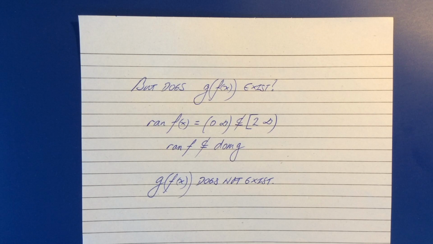So the range of the function of x is actually greater than the domain of g. And that tells us that this function does not exist. That's the simple test. Is one bigger than the other, if you want to put it crudely? Is the left-hand side greater than the right-hand side? There's another way of looking at it. Well, g of f doesn't exist.